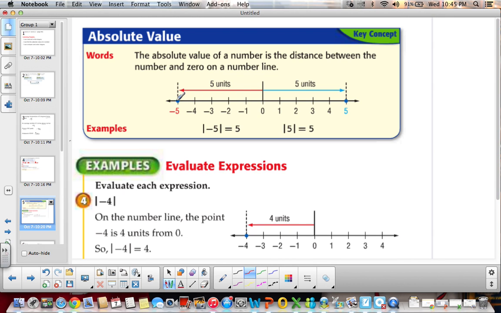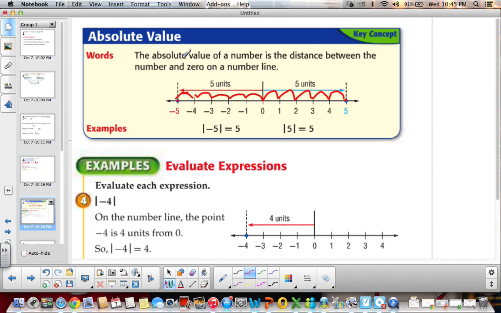Even though this is negative, we're still going 1, 2, 3, 4, 5 to get to -5. Here we're going 1, 2, 3, 4, 5 to get to +5. So we're still going 5 jumps, even though it's positive one way and negative the other way.